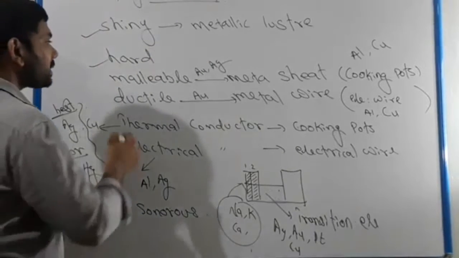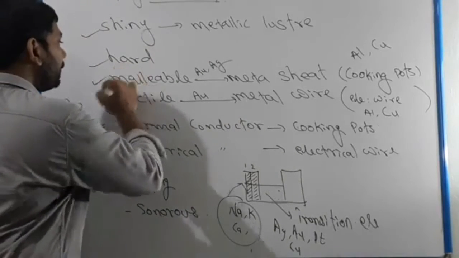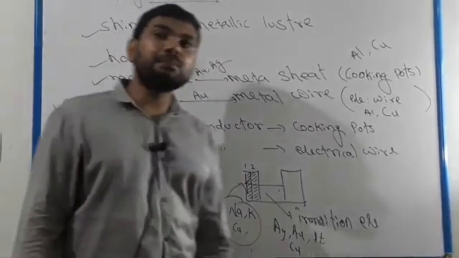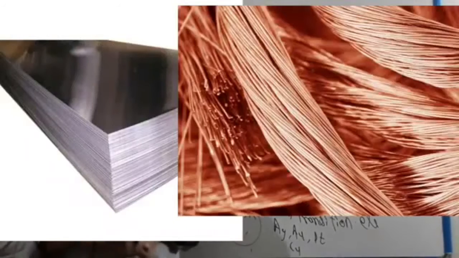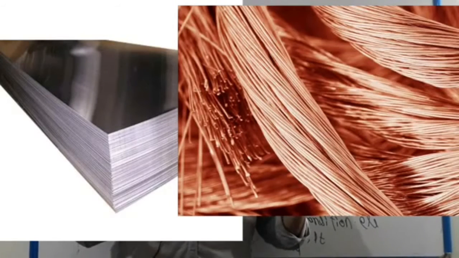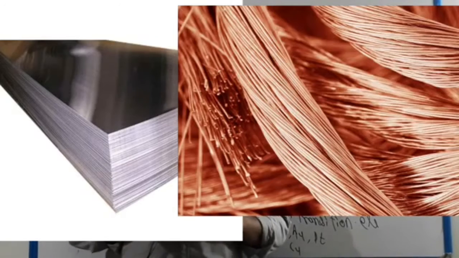Next, metals are malleable and ductile. See this diagram, see this picture. Two pictures are given here: copper wire and aluminium pots, aluminium sheet, a thin sheet.